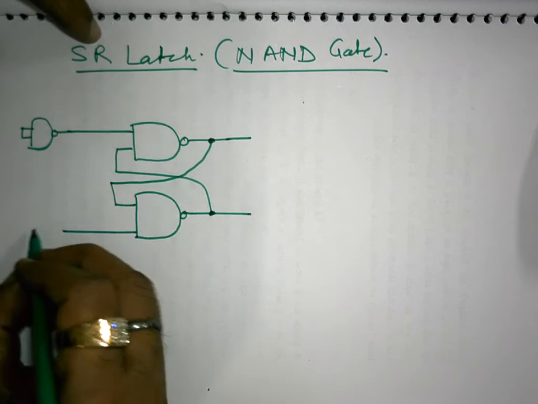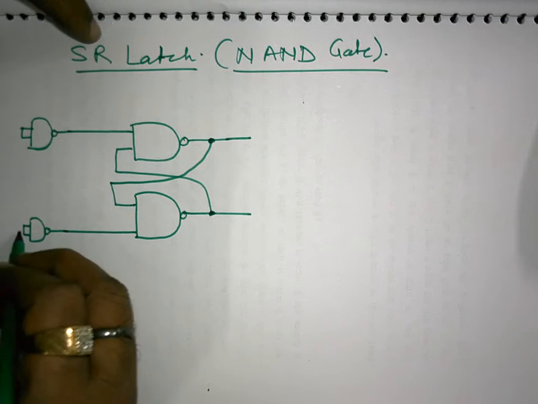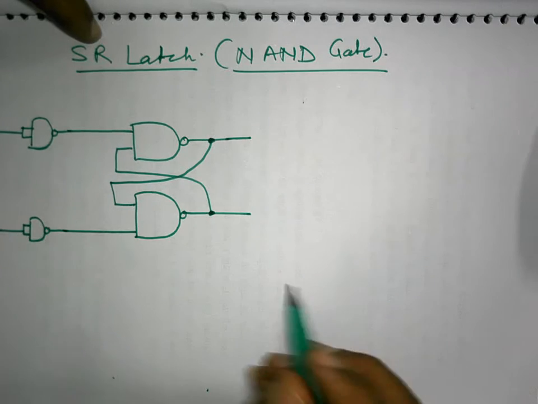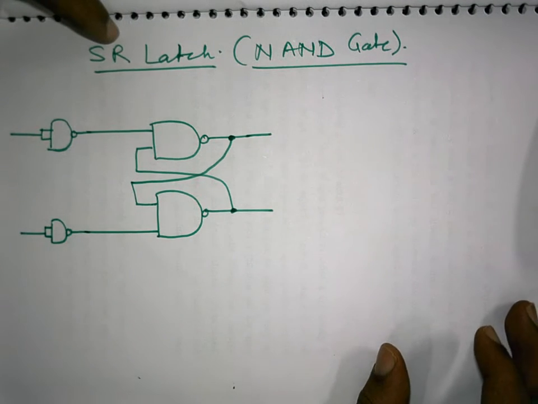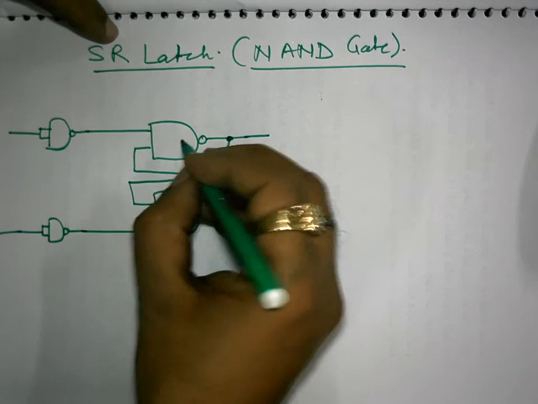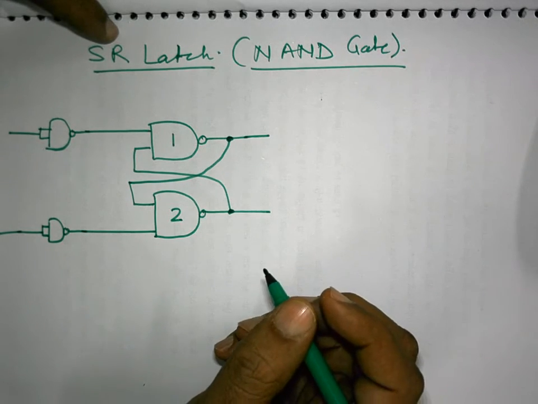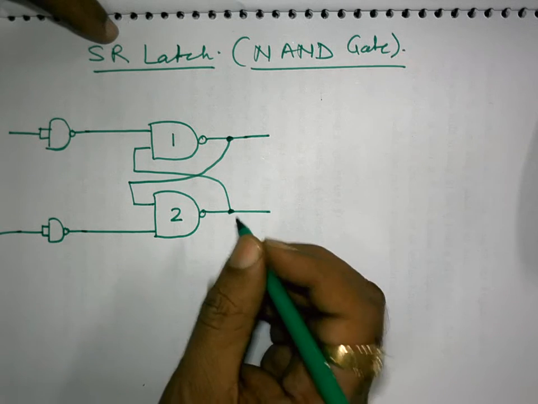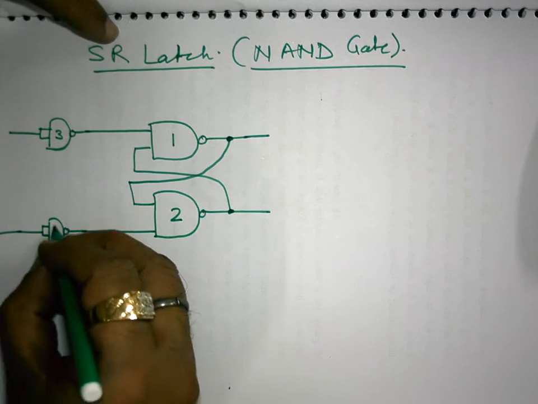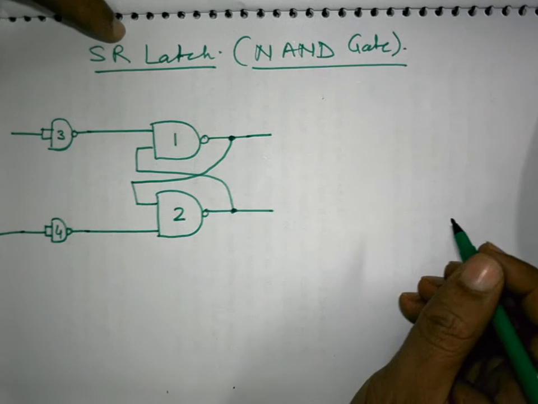I am connecting two additional inverters in the circuit like this. This is gate number 1, gate number 2 of the circuit. This is gate number 3 and gate number 4 of the circuit.